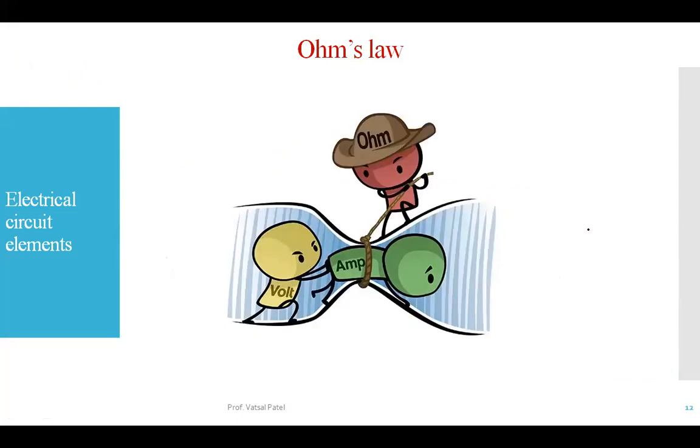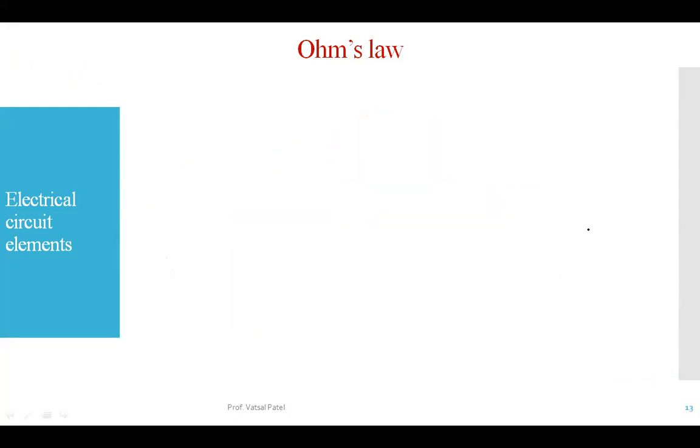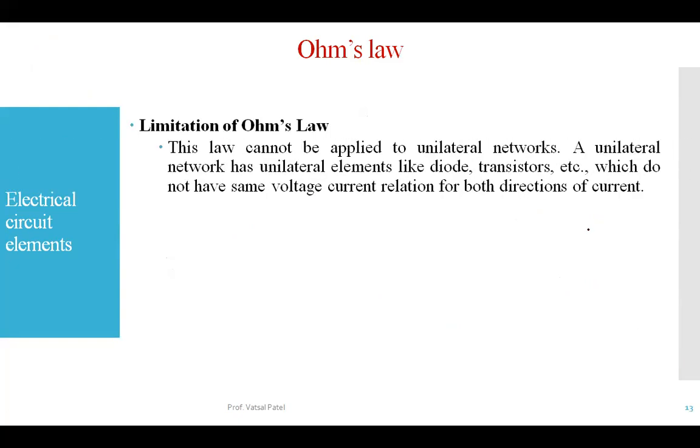Now this is Ohm's law, and these are the limitations of Ohm's law. This law cannot be applied to a unilateral network. A unilateral network has elements like the diode and transistor, which do not have the same voltage-current relation for both directions of the current. So this is one of the limitations.